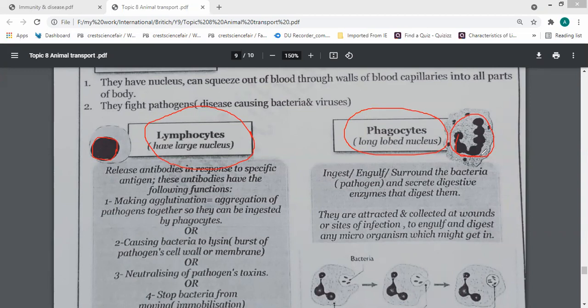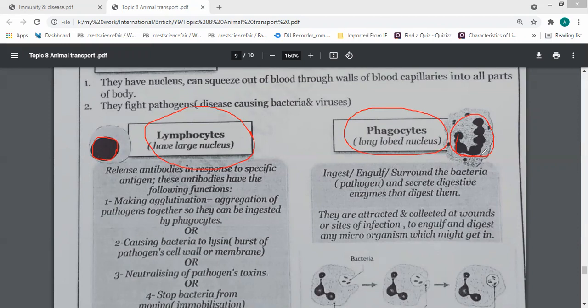The function of lymphocytes is the secretion or release of antibodies. These antibodies have a specific function: to attack a specific pathogen according to its antigen, and we will learn the meaning of antigen later.